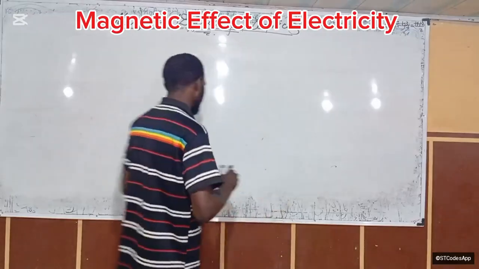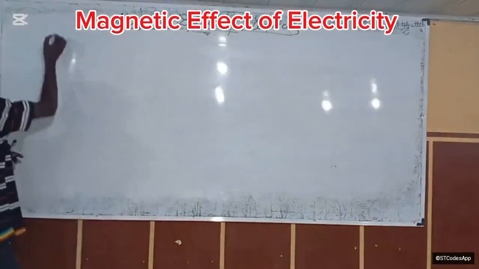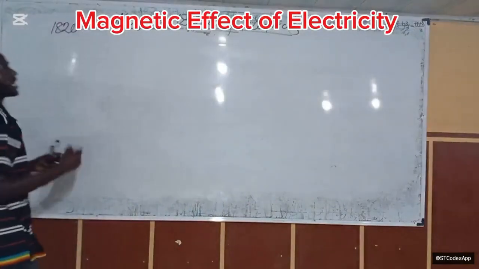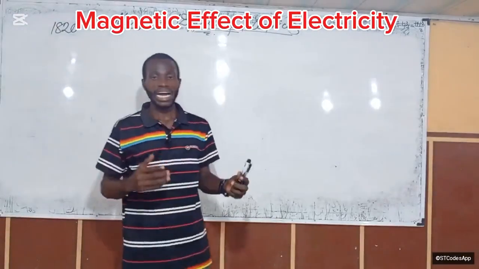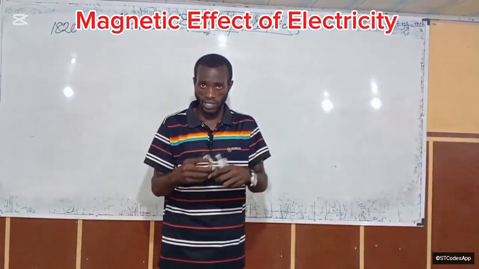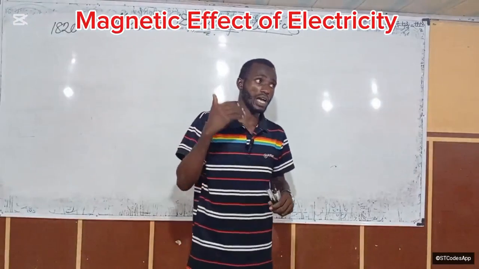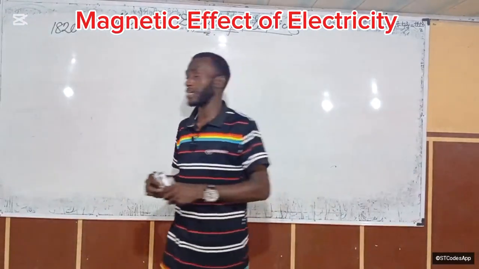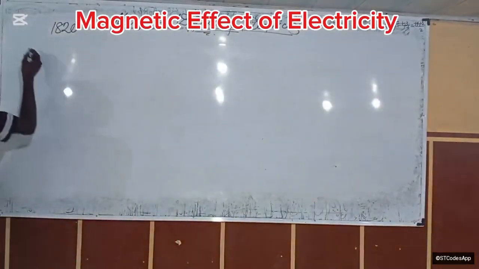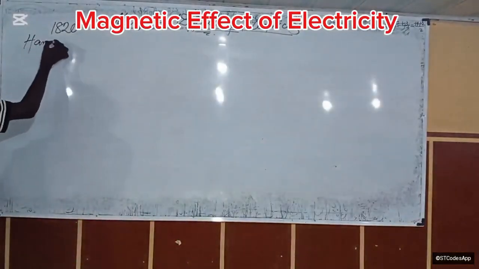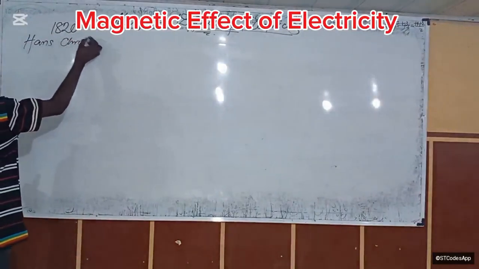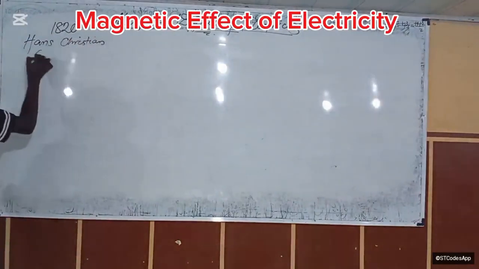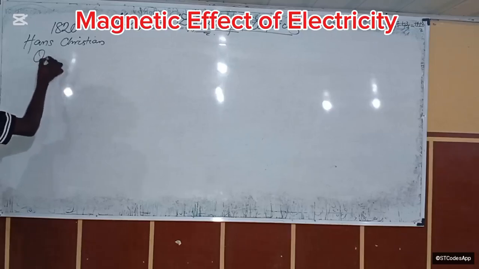Now, it was in 1820 that the link between magnetism and electricity was established. It was first done by a particular scientist known as Hans Christian Ørsted.